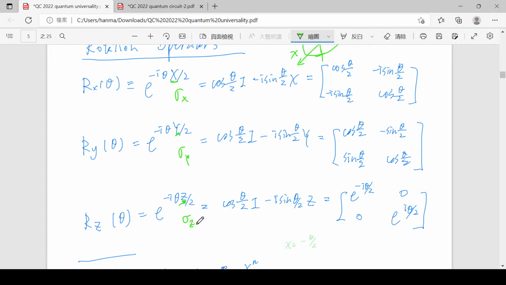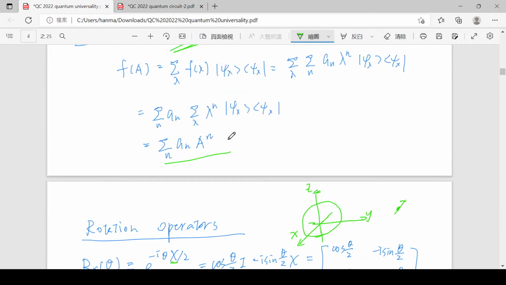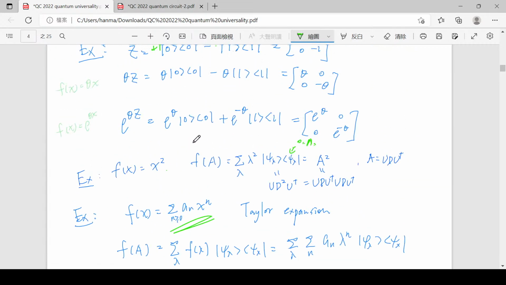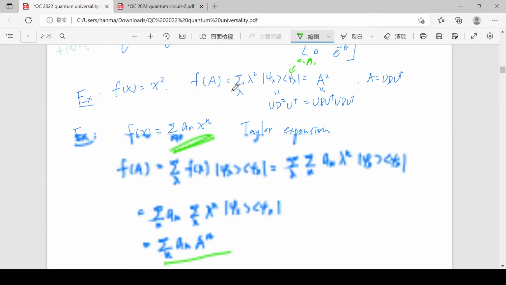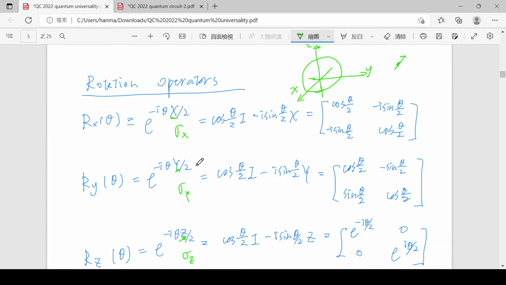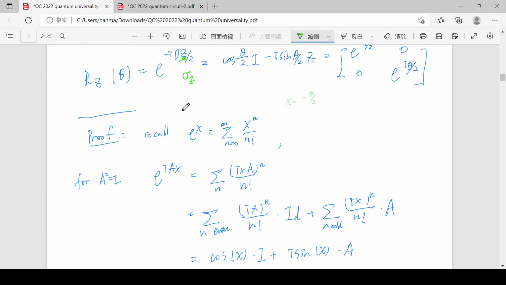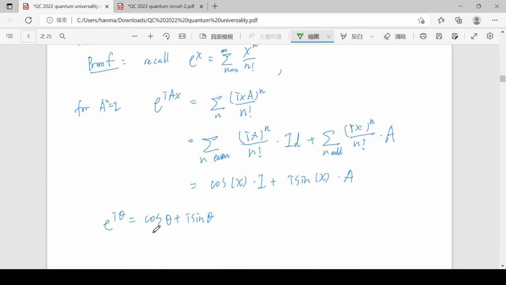And then you can use the definition up here to calculate what they are, and actually they can be simplified quite a bit. That's because the exponential has this nice structure. So this Euler formula, right?